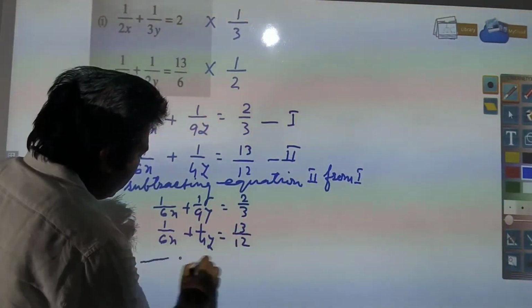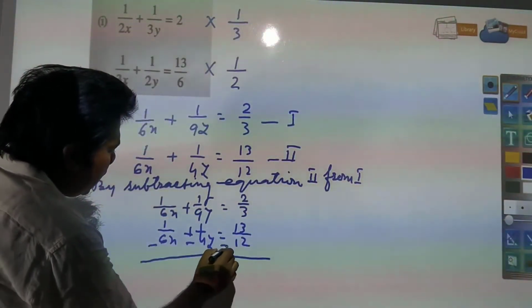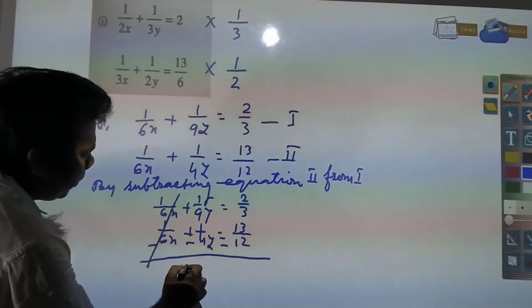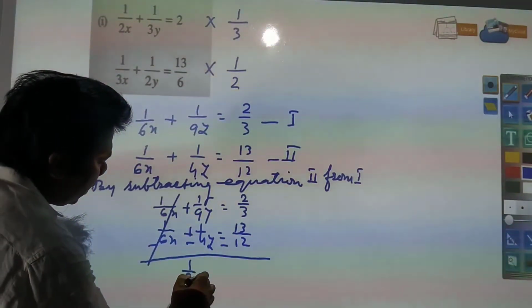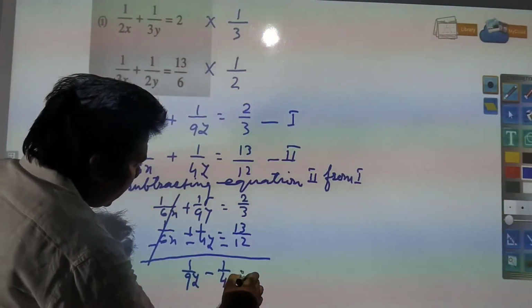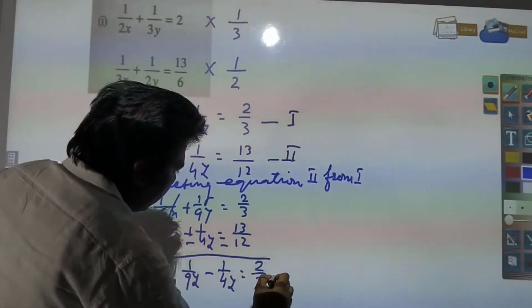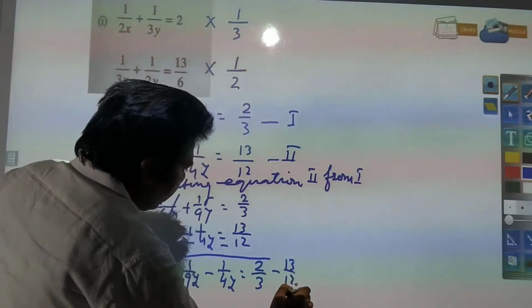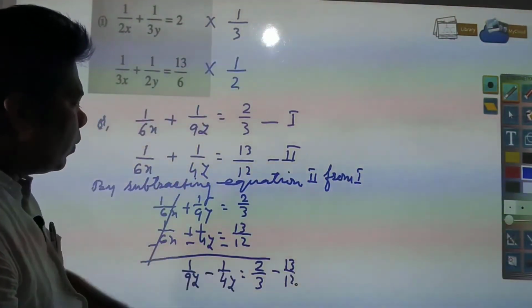So the sign will be changed and this will be cancelled. You will be left with 1 by 9y minus 1 by 4y is equal to 2 by 3 minus 13 by 12. Now this we will simplify.